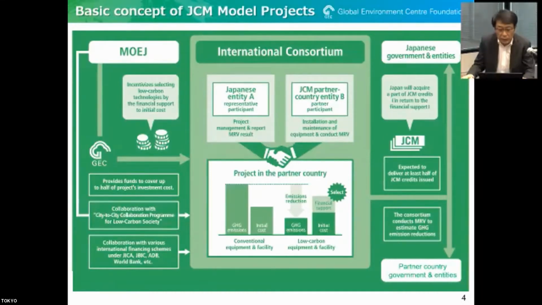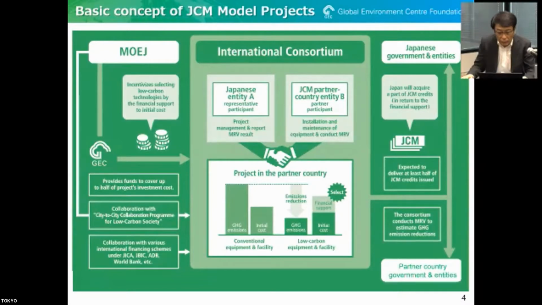The Japanese entity is responsible for overall project management, and the partner country entity is responsible for installation and operation of low carbon equipment and for monitoring, reporting, and verification of the GHG emission.